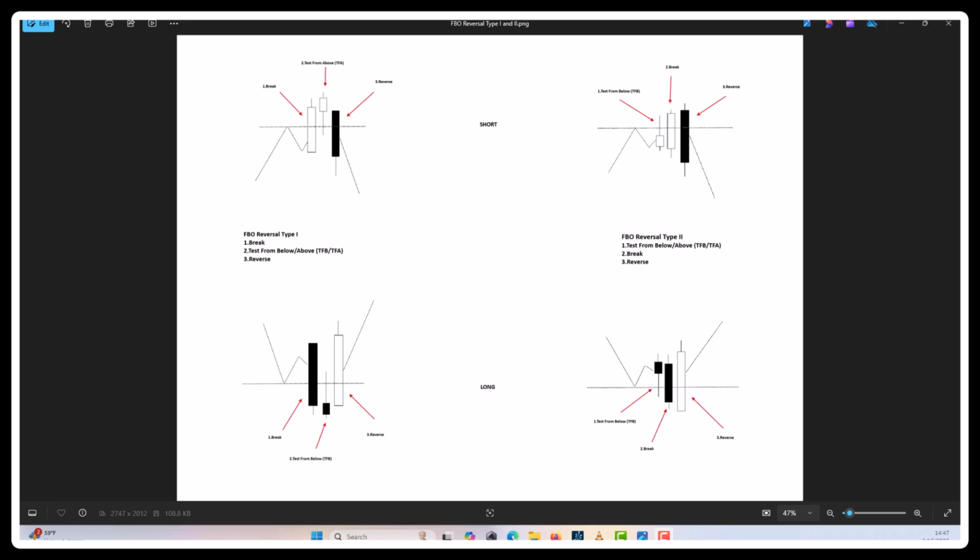It's very common and happens every day, every week, every month. We see this pattern everywhere. We just need to be patient with ourselves and wait for the setup. Don't just click, you have to exercise patience.